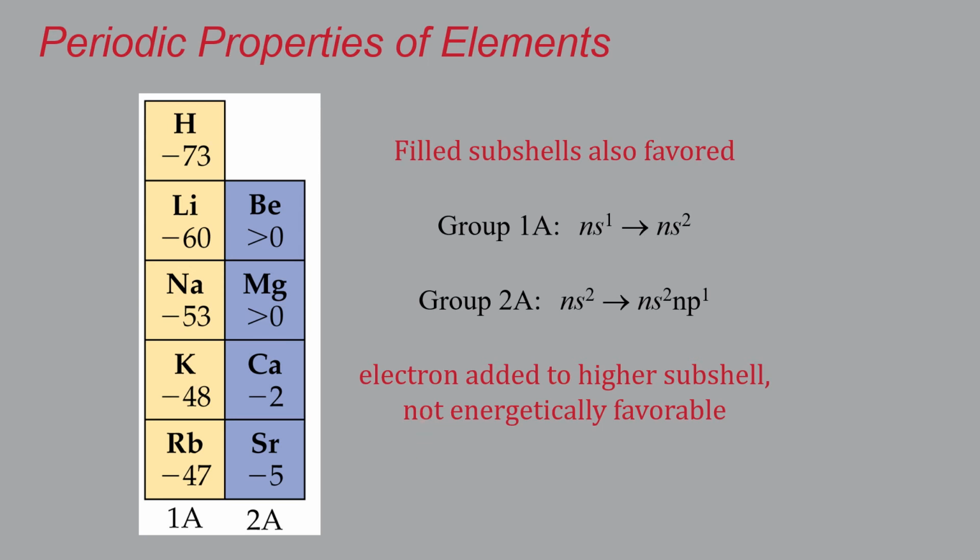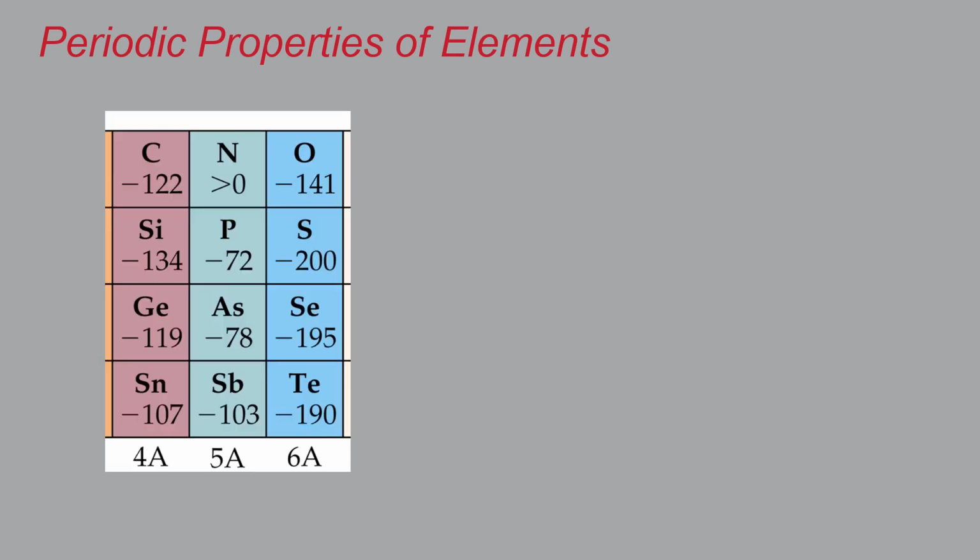All right, the last blip in the trend you can see is when you're going to these elements right here. The elements in group 5A have a slightly lower electron affinity than you might otherwise expect.